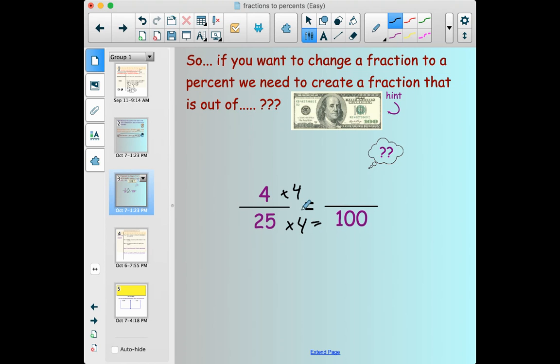So I end up with 100 on the bottom. On top, I have 4 times 4 is 16. So 4/25 is equivalent to 16 hundredths. Because percent means out of 100, 16 hundredths is 16 out of 100. I'm just going to take my numerator, put a percent sign on there, and there's my percent. Once you get the denominator to 100, whatever the numerator is, that's the percent that this fraction is equal to.